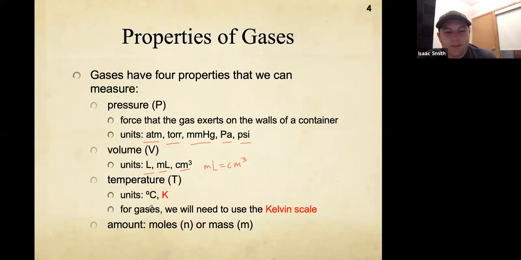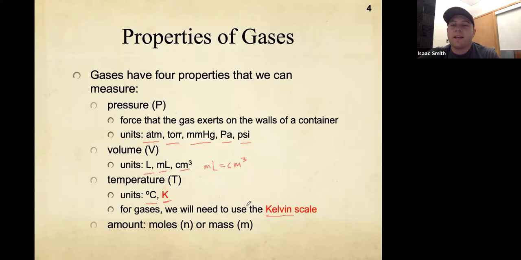Temperature, usually we have seen it in Celsius, and you still might see it in Celsius in the problems because it's just a lot more common to measure things in Celsius. But now we have this new unit, which is Kelvin, okay? And for a lot of the gas equations, we have to use Kelvin. The reason is Kelvin temperatures are always positive.